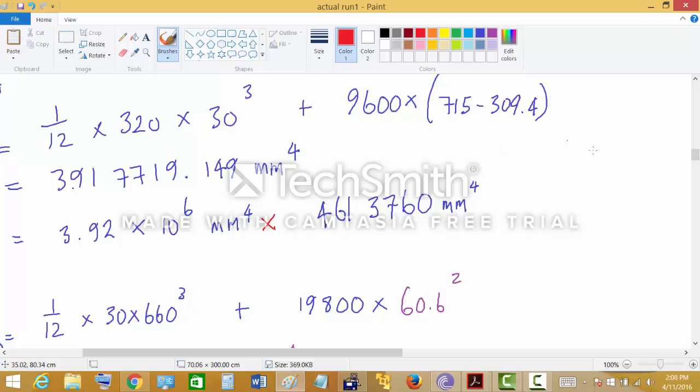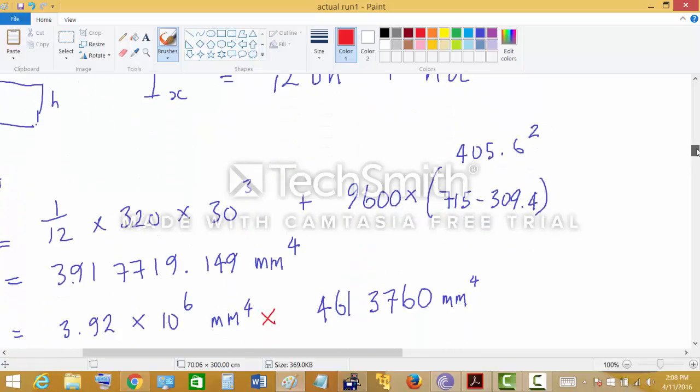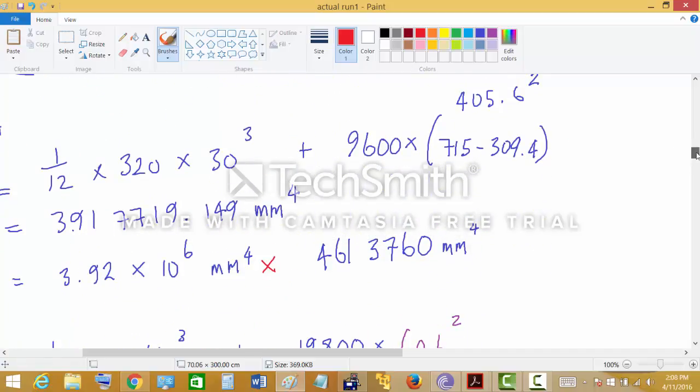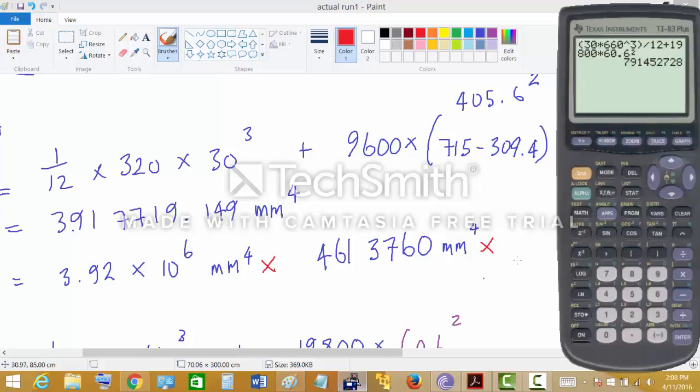Here again it's wrong because I didn't square that. It's wrong again here. Just put it again into the calculator again.